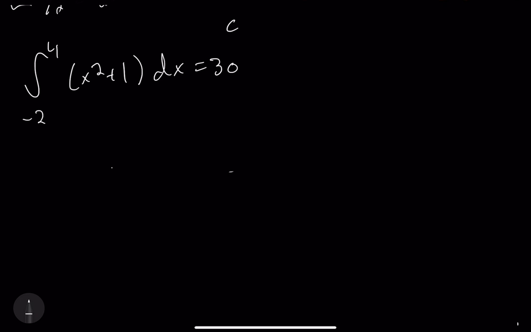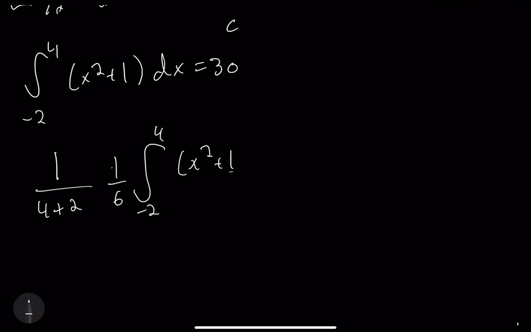So how this works is, just like in the last problem, 1 over b minus a, 4 minus -2 is 6, so you have 1/6 the integral from -2 to 4 of x squared plus 1 dx. So now how you would solve that, you plug it in: x cubed over 3 plus x evaluated from 4 and -2.